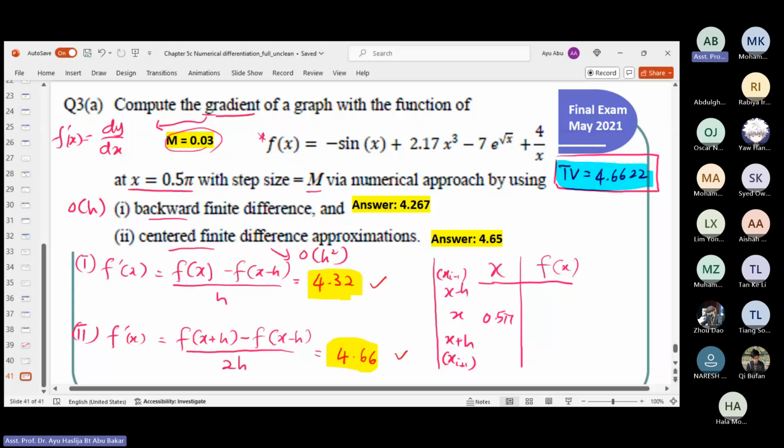Next class, we will proceed the last topic, the Euler's enhanced method. I'll share with you the attendance for those who haven't scanned just now.